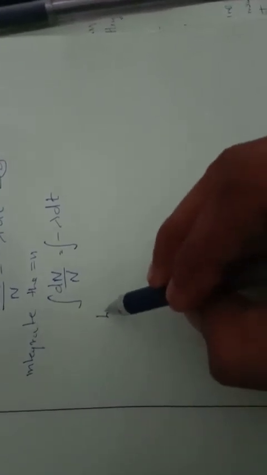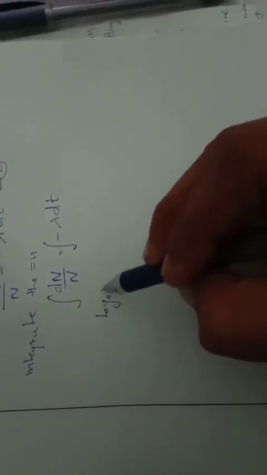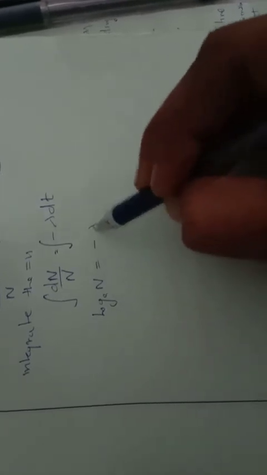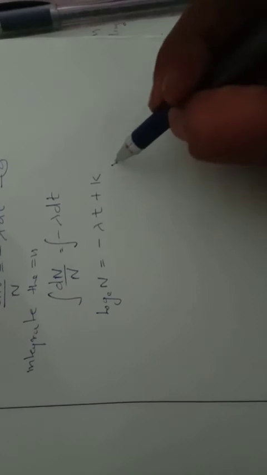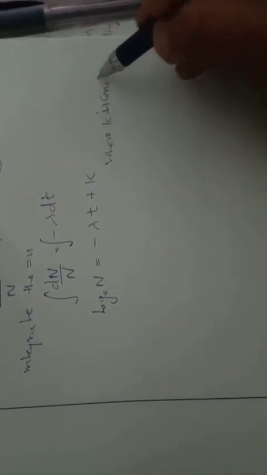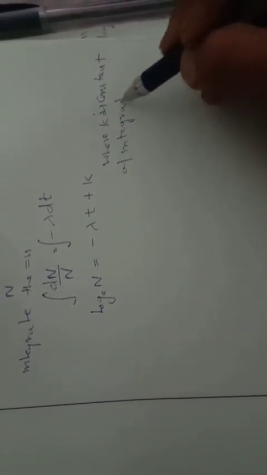So log of e n is equal to minus lambda t plus k, where k is the constant of integration and its value can be evaluated.